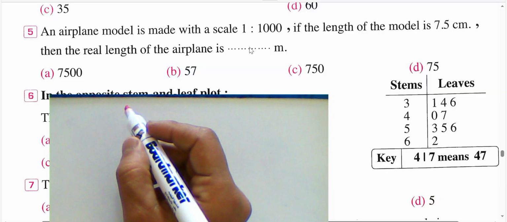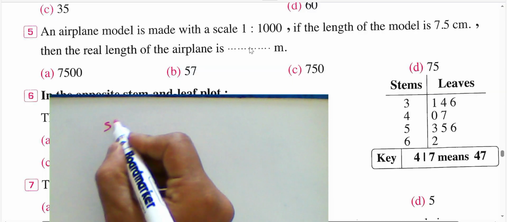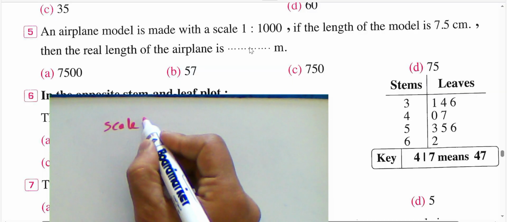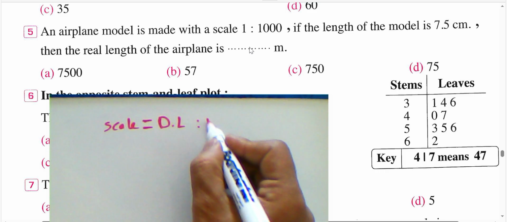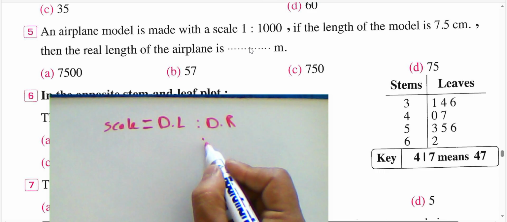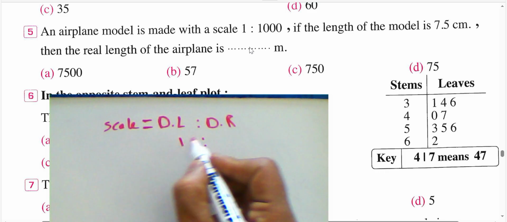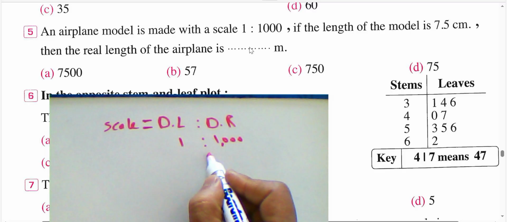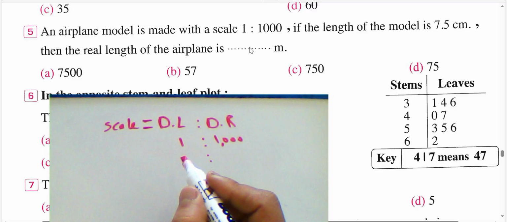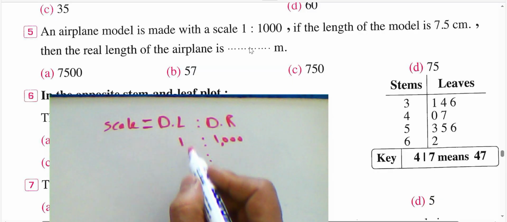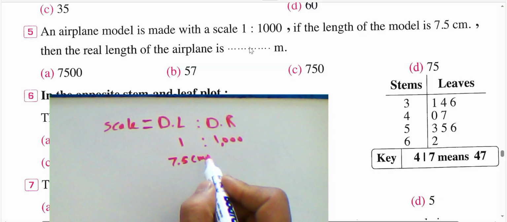We have the scale of drawing. He gave me the scale. The scale equals the ratio between the length in the drawing to the length in reality. The ratio between them is 1 to 1000. And he gave me the length of the model, 7.5 centimeters in the drawing.